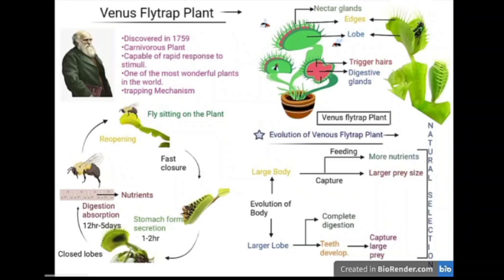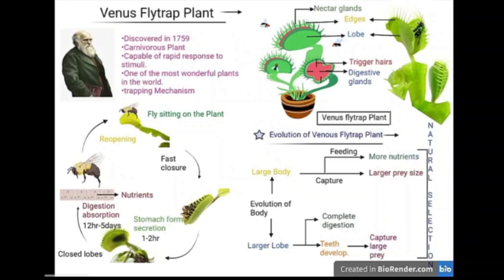The trap lobes are convex, that is bent outward, in the open state, but concave, that is bent inward, in the closed state, forming a small cavity.